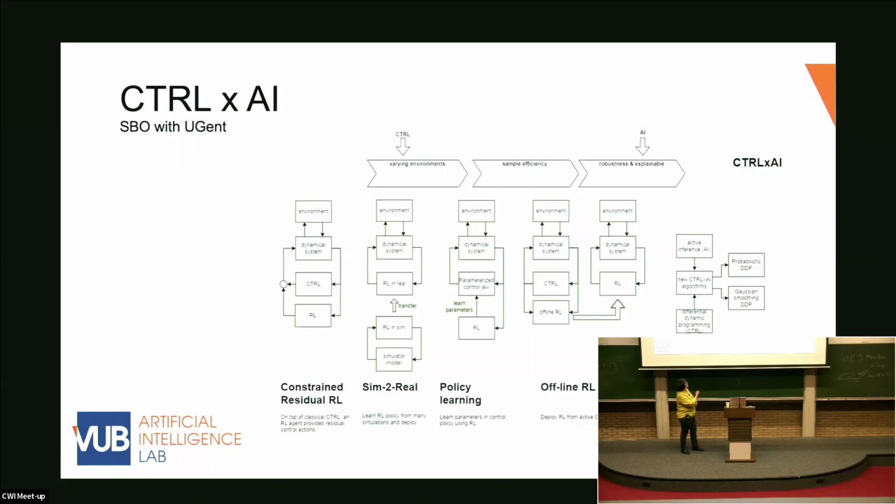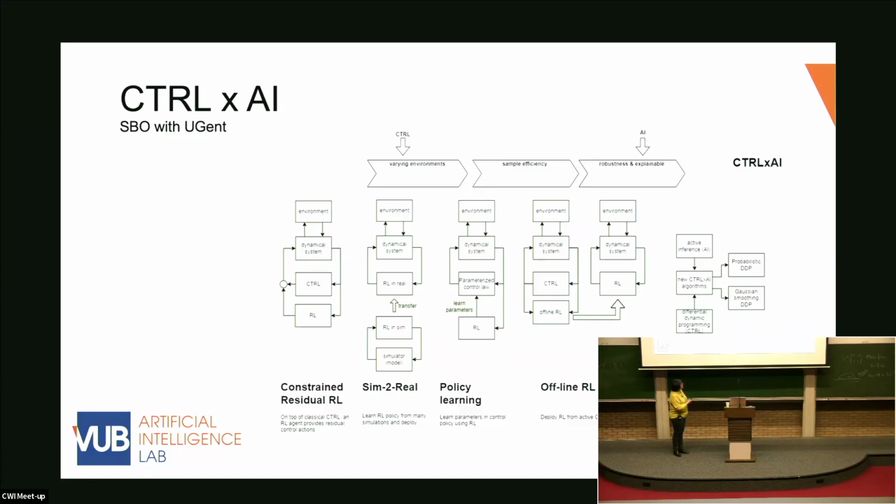Sim2Real is something that yesterday was already very much discussed, so I'm not going to go into that one. This policy learning refers to learning parameters of your controller using RL, for example the gains in the PID controller.